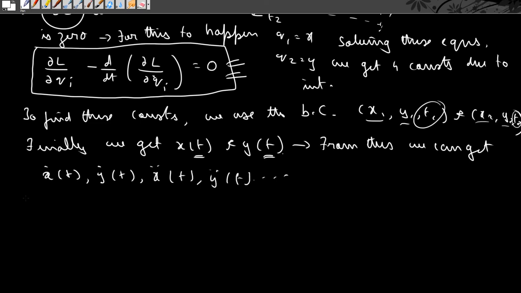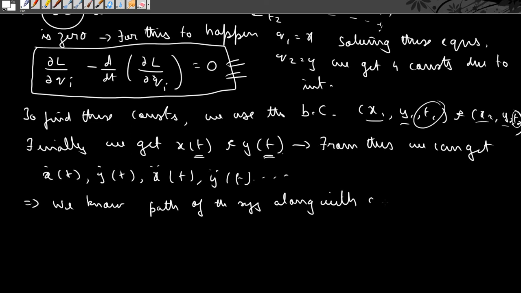Which means that once we know x of t and y of t, we know the path of the system, which means all the position coordinates which the system takes, but we also know the dynamical information.